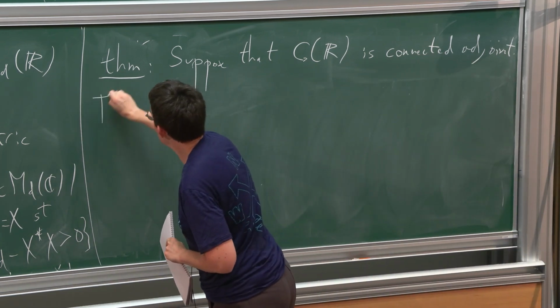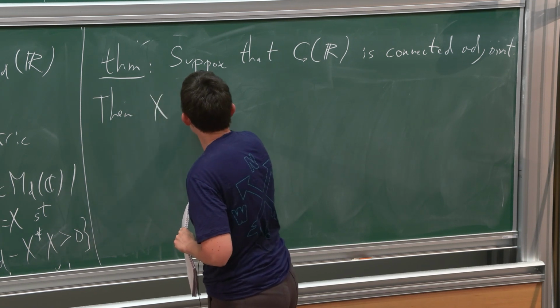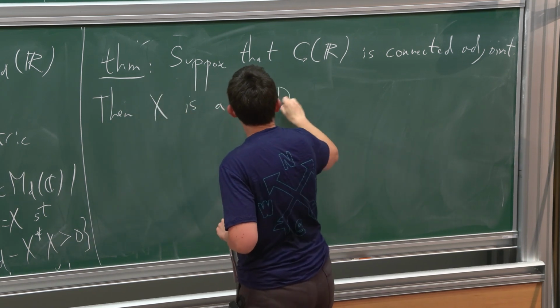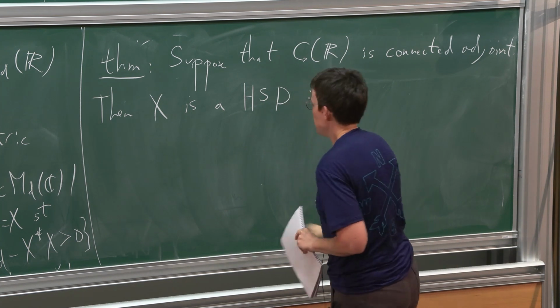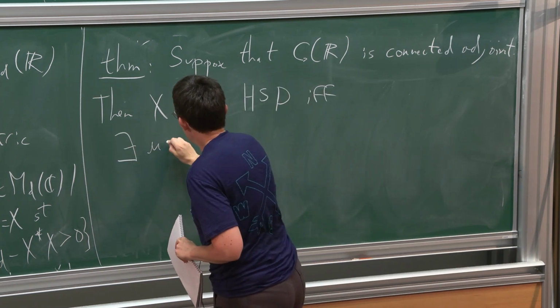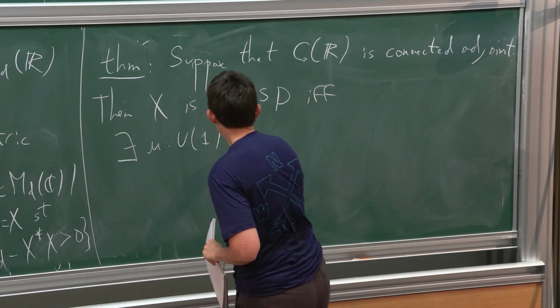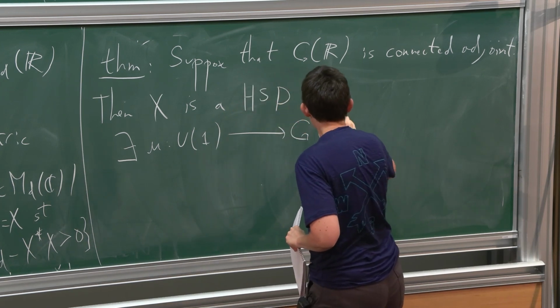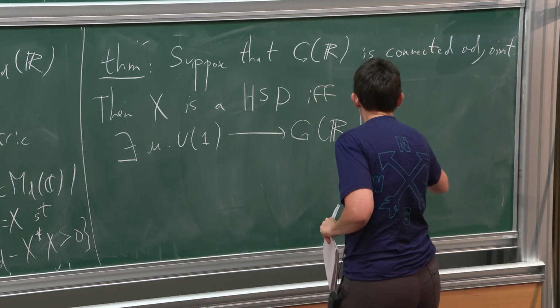Then X is a Hermitian symmetric domain if and only if there exists a morphism of Lie groups u from U of 1 to G of R, satisfying the following conditions.